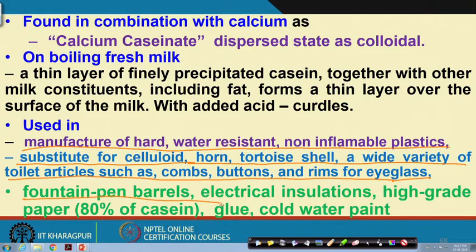Fountain pen barrels, electrical insulations, high grade paper, around 80% of casein is used. We see paper qualities of different types, right. Not only the paper on which you are writing normally, not only the leaflets which are of very poor quality, but also we get very great quality of papers where good photographs and other things are impregnated or printed, right.